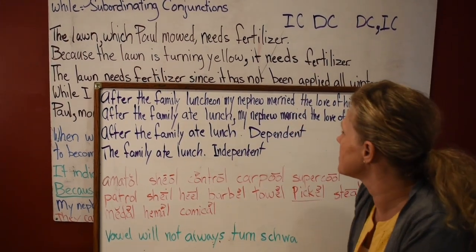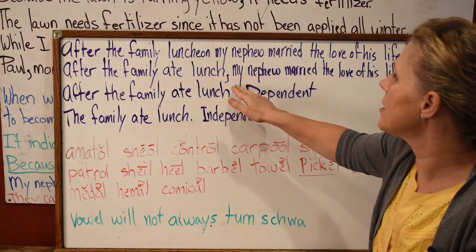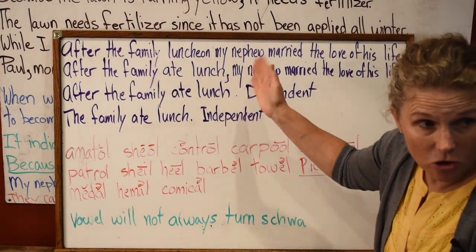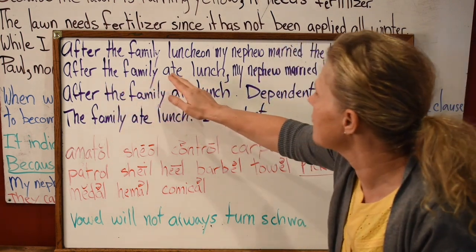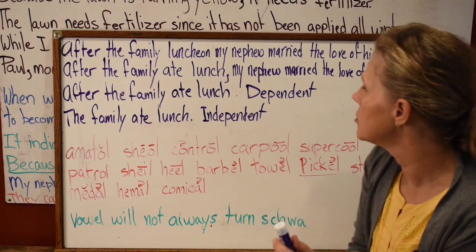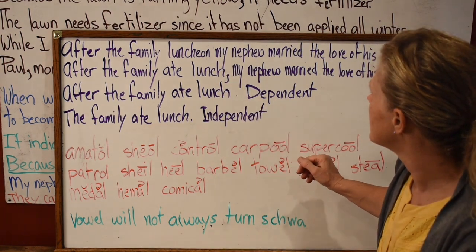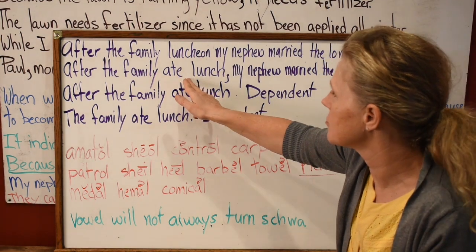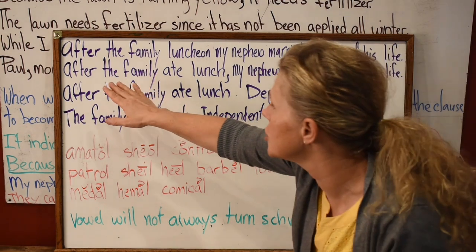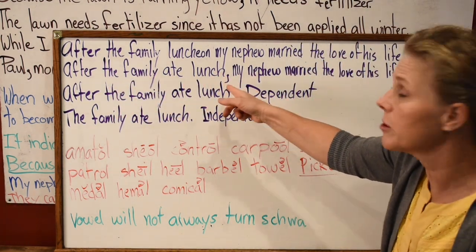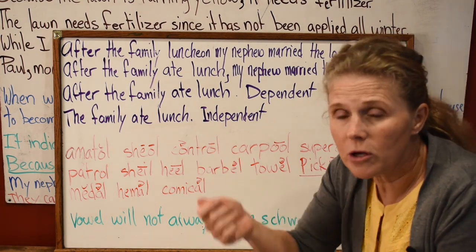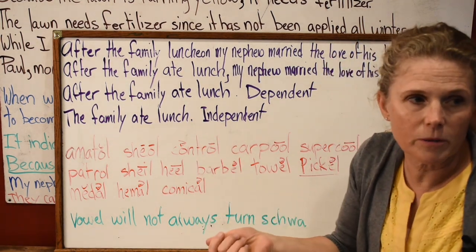When do we have the comma? After the entire clause. After the family ate lunch, comma. After the entire clause, you comma it off. You don't just comma it after your subject and your verb, because this is your direct object. You finish your entire clause before you put the comma in there. Because I have seen so many kids just want to put the comma after the verb.